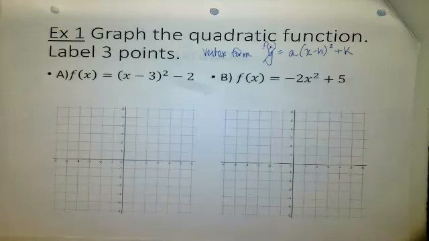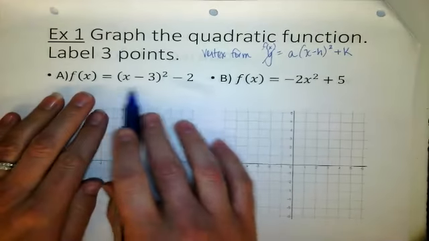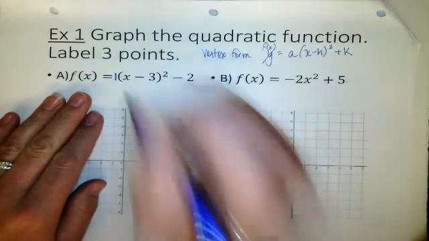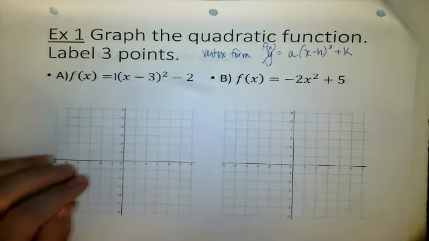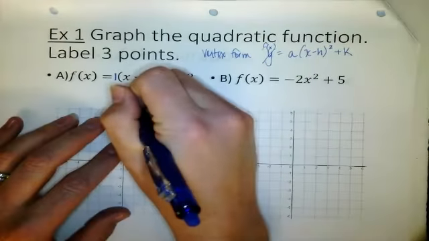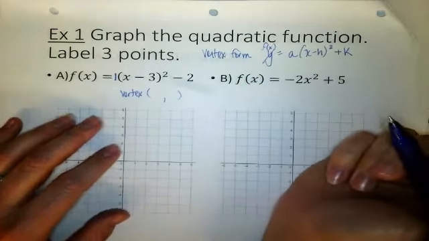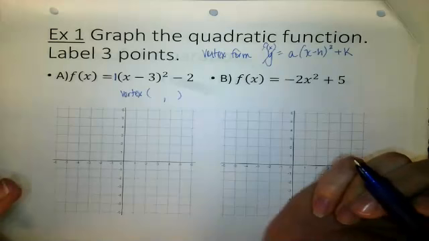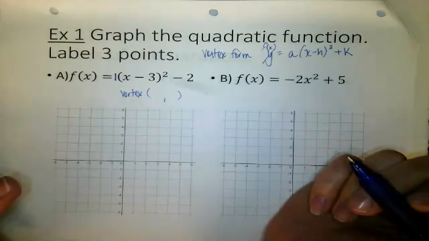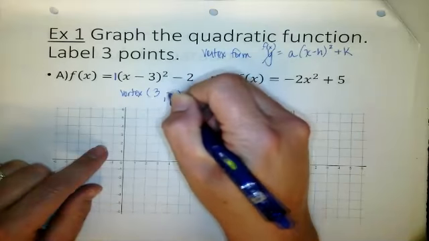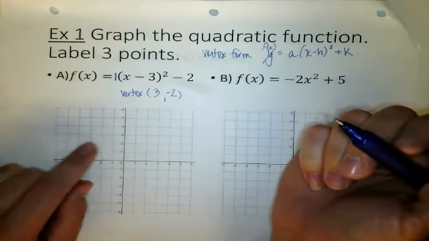So, looking at this, what's the a value? 1. Yes, it's 1. Okay, that's good. And so we want to find the vertex. What is the vertex here? Positive 3, negative 2.